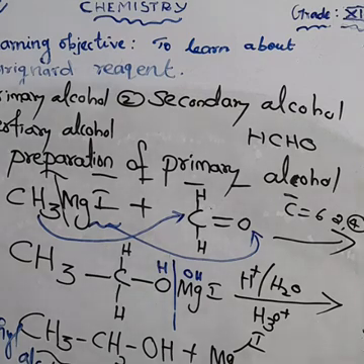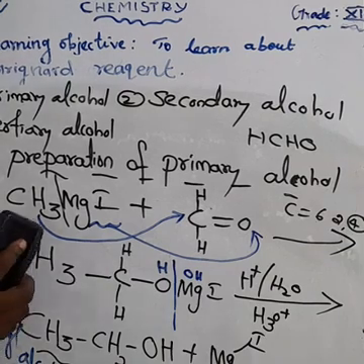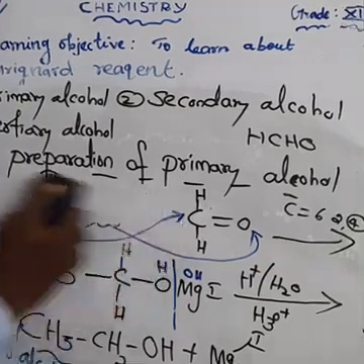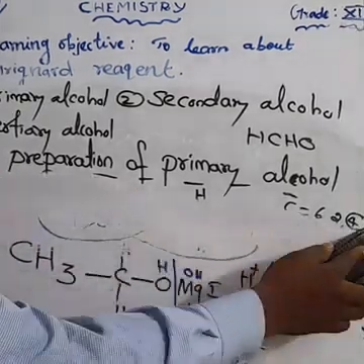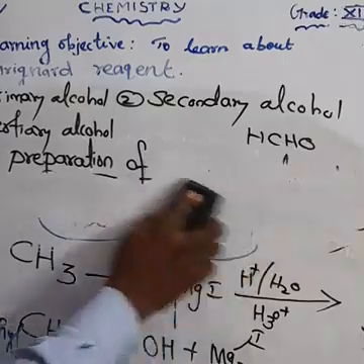Second one, can you write this equation? It's very important, especially for the 11th and 12th standard. It's very important. Grignard reagent. How is the primary alcohol prepared by using Grignard reagent or methyl magnesium iodide. Okay. Second one, preparation of secondary alcohol.